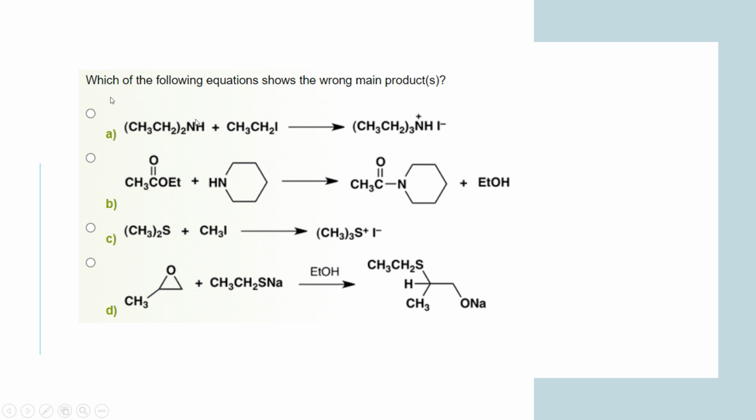It will donate the electron lone pair to this delta positive carbon, and you can show either that iodide is leaving, or that iodide is the counter anion of the quaternary ammonium center generated by the attack. So that reaction is correctly shown in option A.